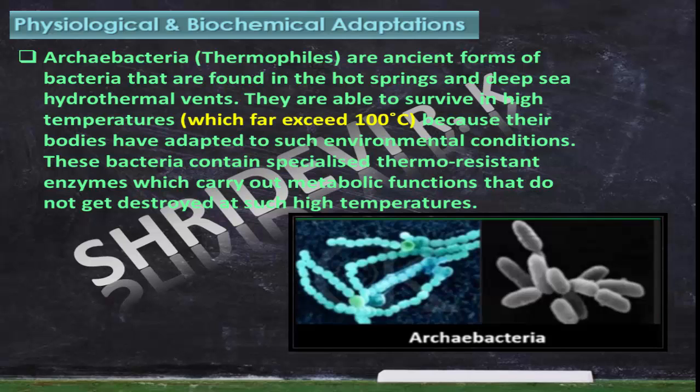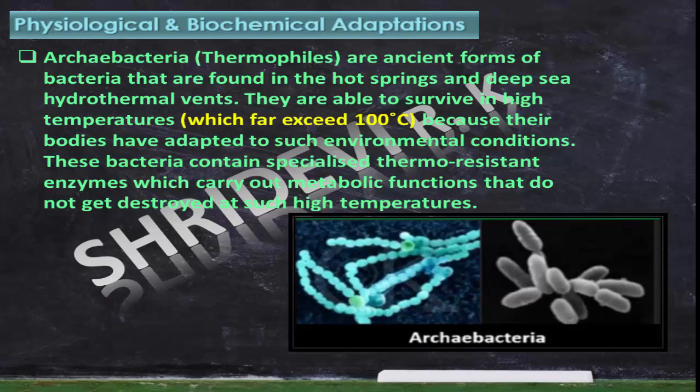What are these archaebacteria? Archaebacteria are most ancient forms of the bacteria which belong to the kingdom Monera. Hope you remember, the kingdom Monera is divided into three particular groups: archaebacteria or archaea, eubacteria and cyanobacteria.